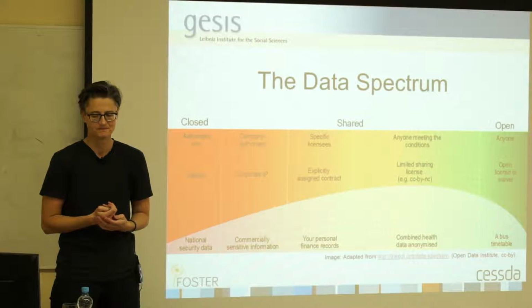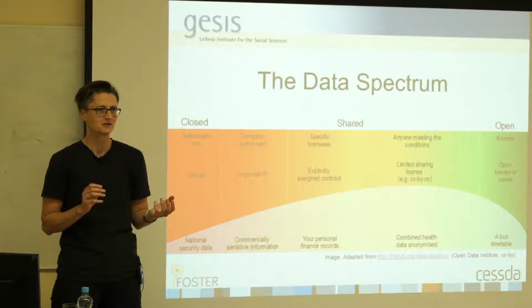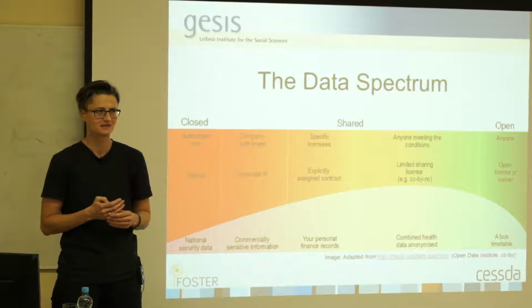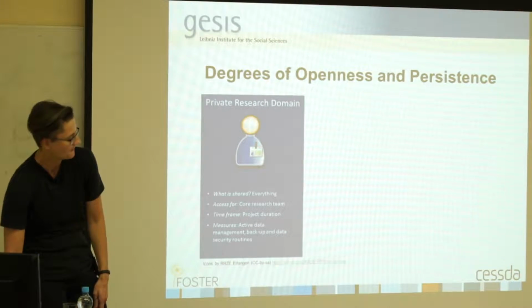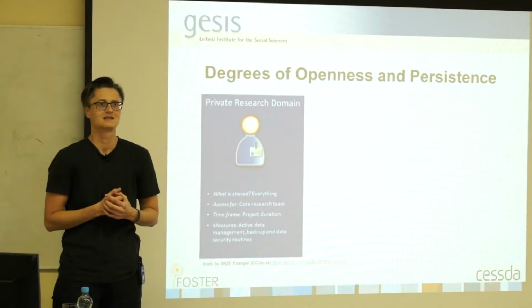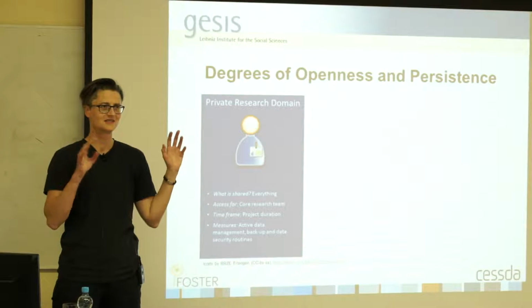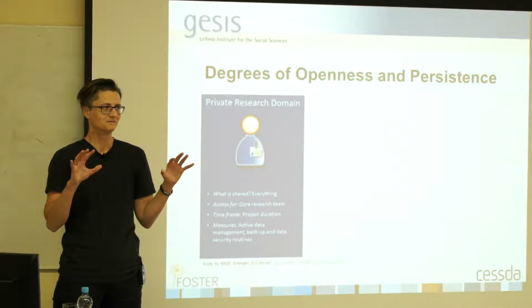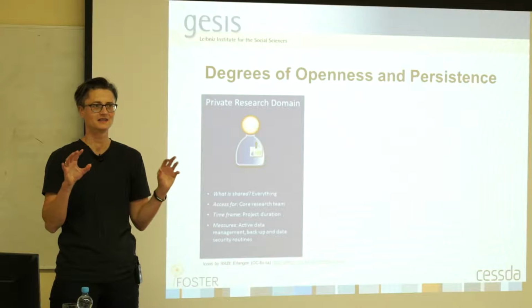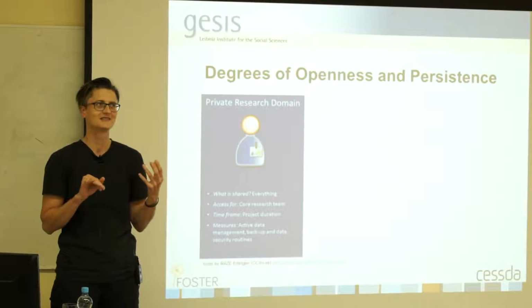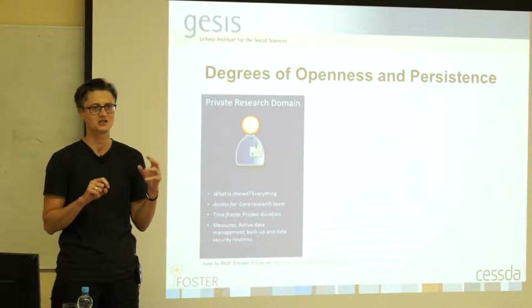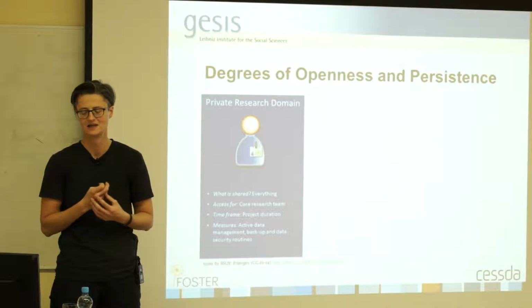And there is another model that could be helpful in doing that, and it's called a domain model. And the idea of that domain model is to simply distinguish different phases or areas of your research where different types of data are shared with different people.